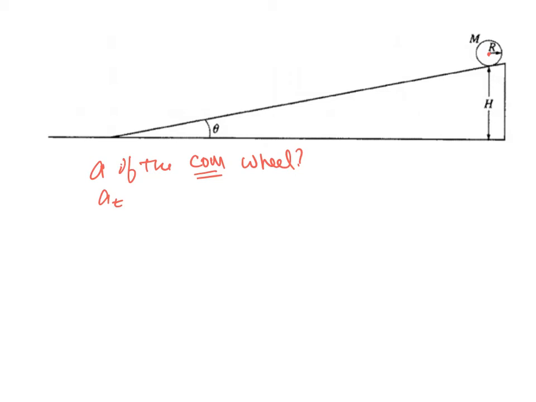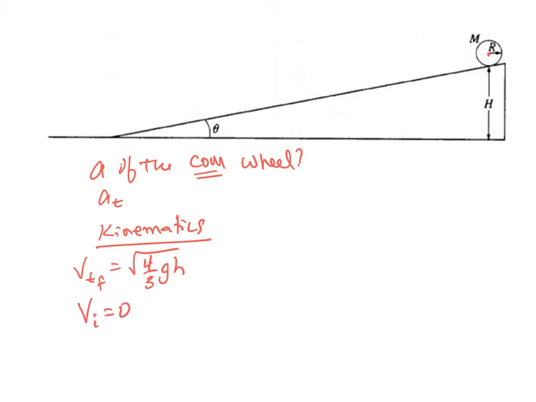To do that, there are two ways to approach it. You can use kinematics, because you now know that VT final is the square root of 4/3 GH, and you've got an initial velocity of 0, and you know the distance it's going to travel is, opposite over d, so d is equal to h over sine theta.